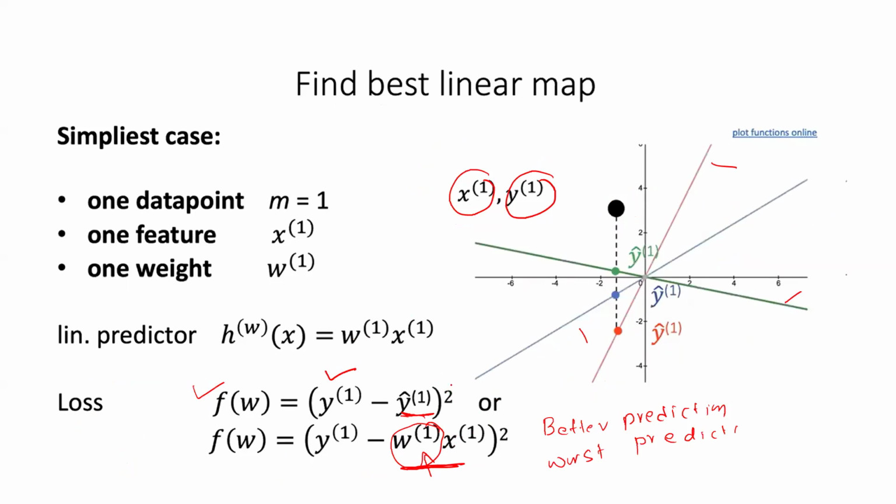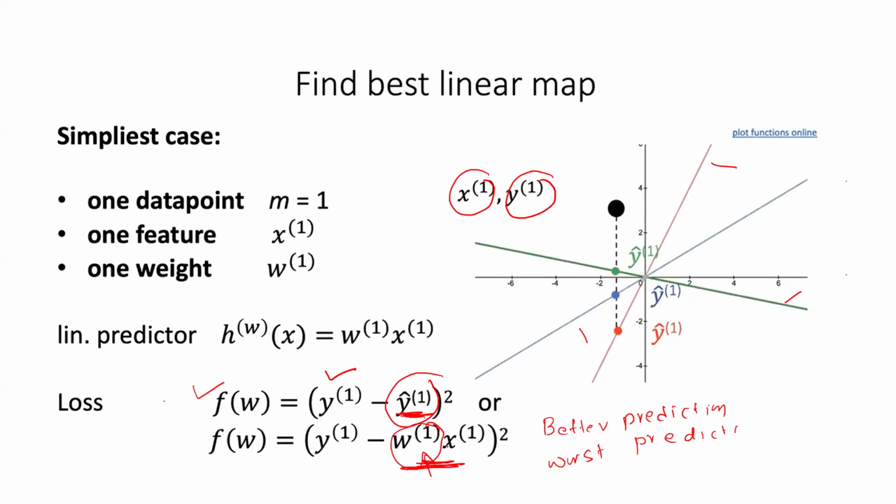The square of the true label and the predicted label is taken, and what we find is the loss function. Now y hat one is expanded as w1 x1, so we get y1 minus w1 x1 whole square.